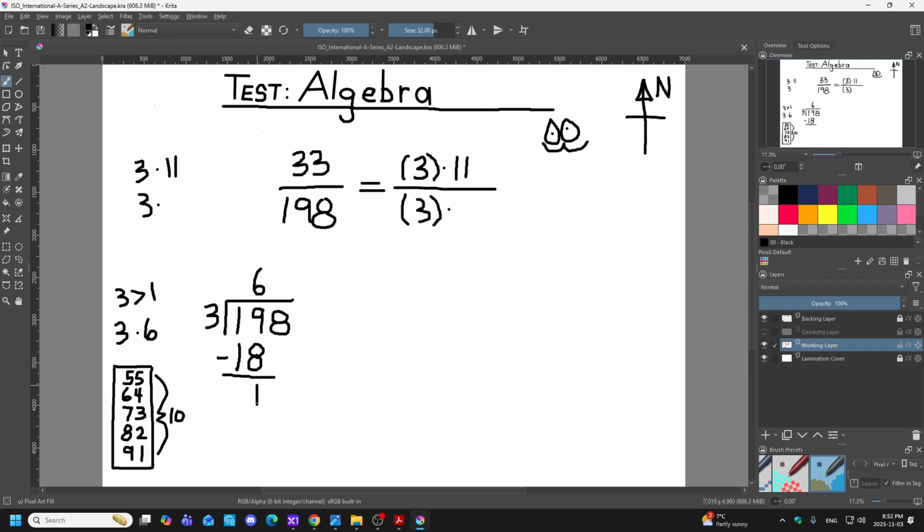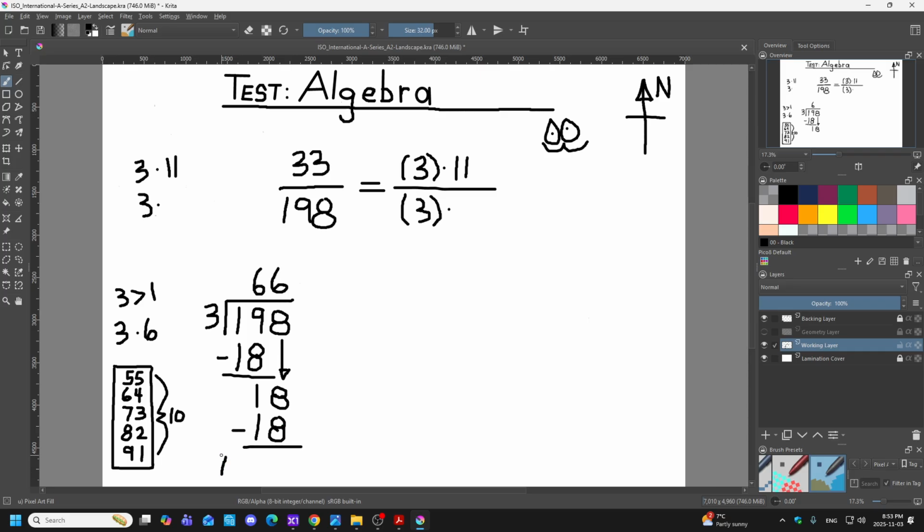We're left with 1. The next step is to just bring down the 8. Lo and behold, we have the same number. We know 3 times 6 is 18. Therefore, we add in another 6 and put our 18 here, then subtract.